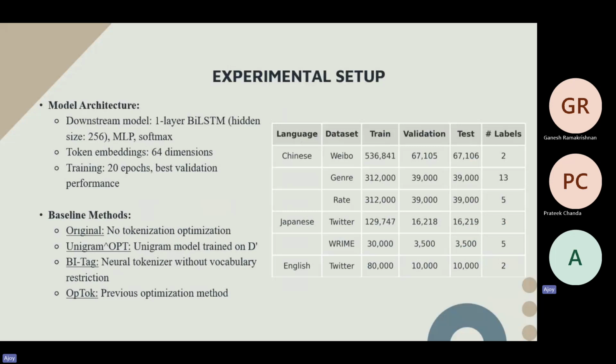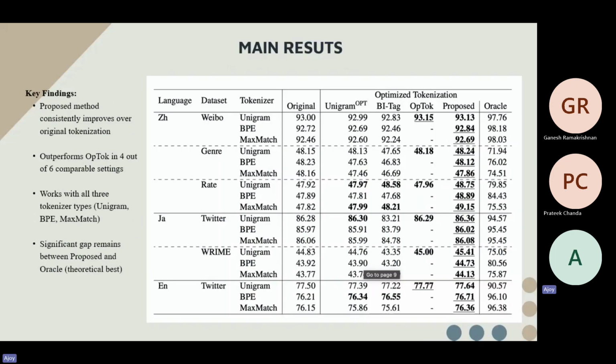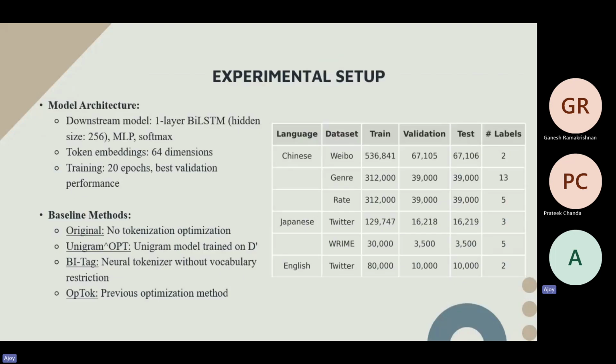So for the experimental setup, they have used three different data sets for Chinese, one for Japanese, and Twitter for English. They have compared this method with the original method where we do not change the tokenization, and then the unigram, byte pair encoding and Optok.